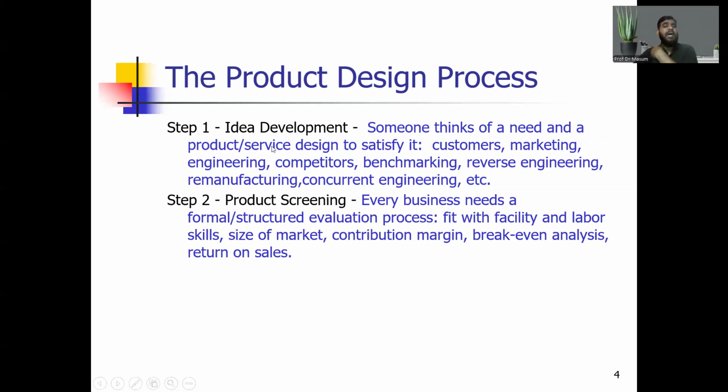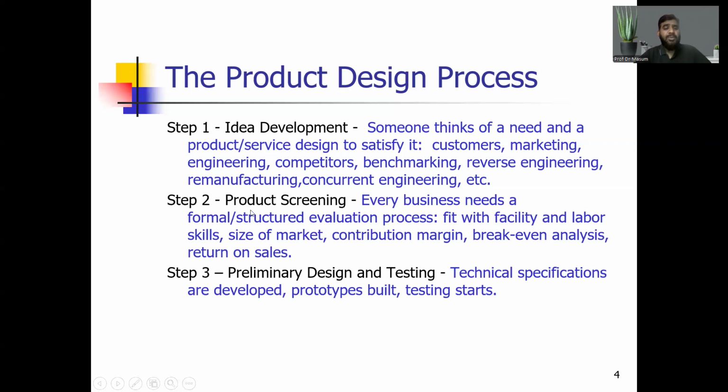And after developing the idea, all ideas will not be good. You will have 10 ideas. Out of the 10, you have to choose one or two ideas that are best among all the options.